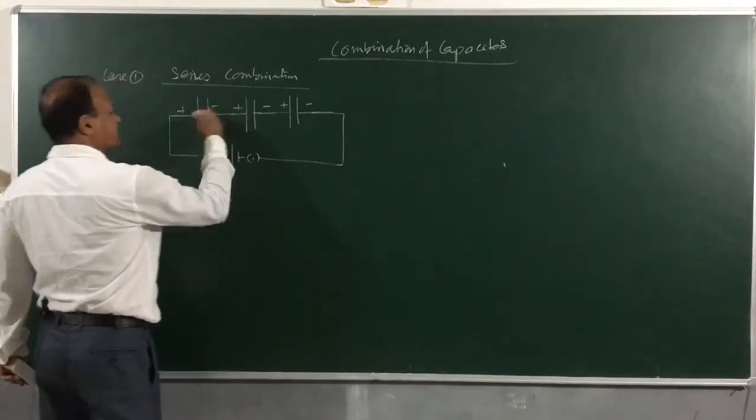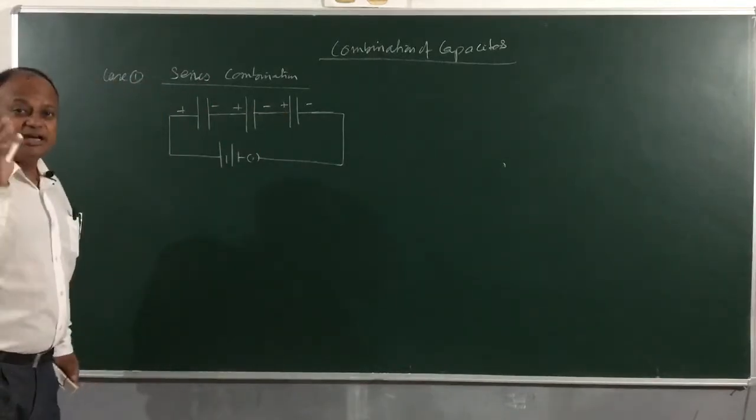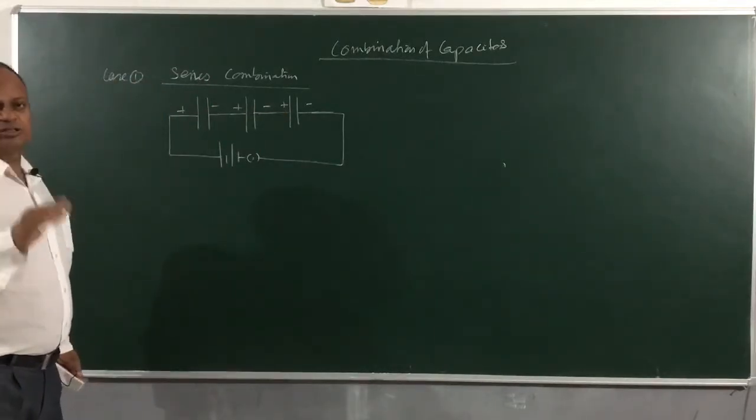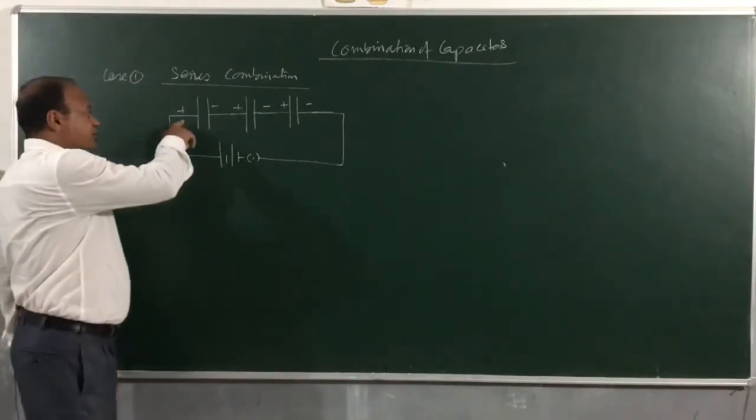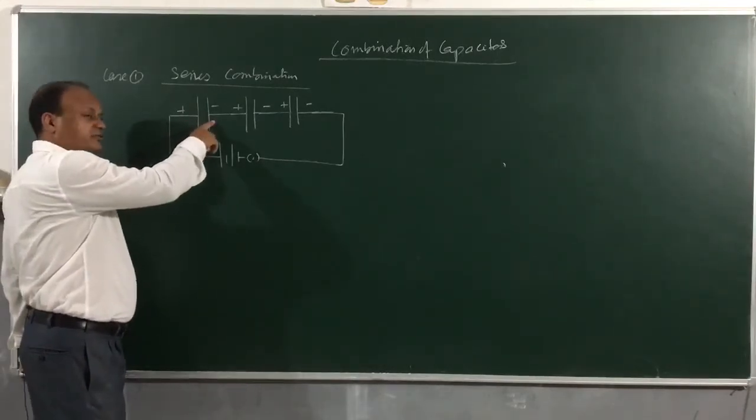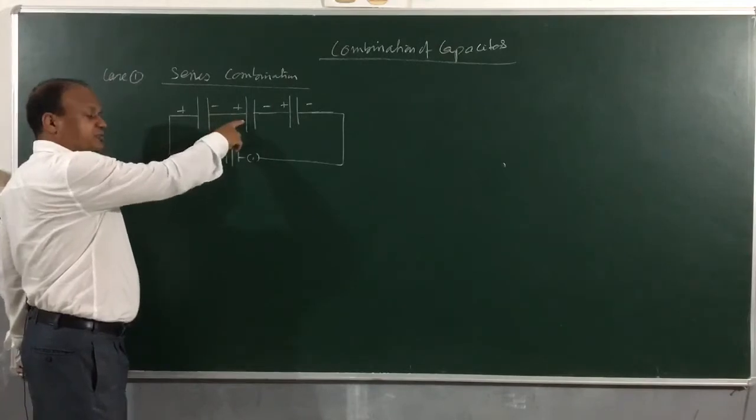So this combination is called series combination, end to end combination, in which the positive terminal of one capacitor is connected to the negative of the next, and vice versa.